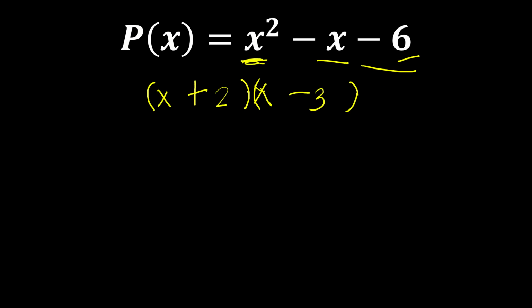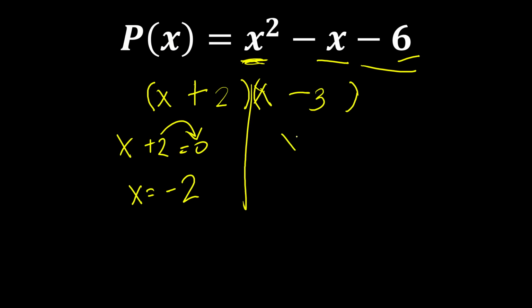So after getting the factors, di ba, equate both factors to 0. So we have x plus 2 equals 0. So transpose or lipat natin sa kabila, magiging x equals negative 2. And yung isa, x minus 3 equals 0. Lipat ulit sa kabila. So we have x is equal to positive 3.